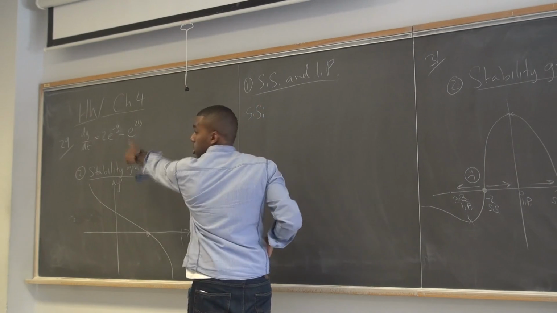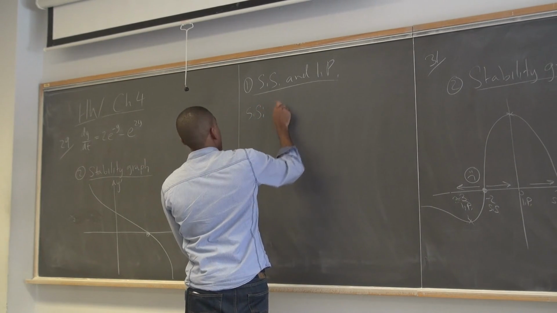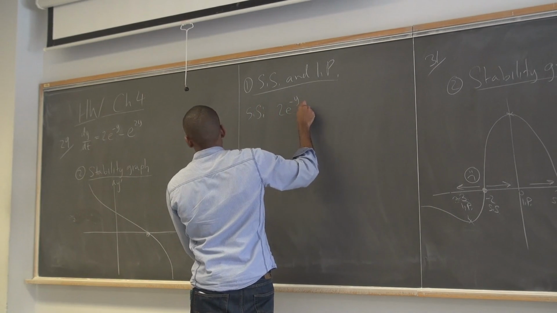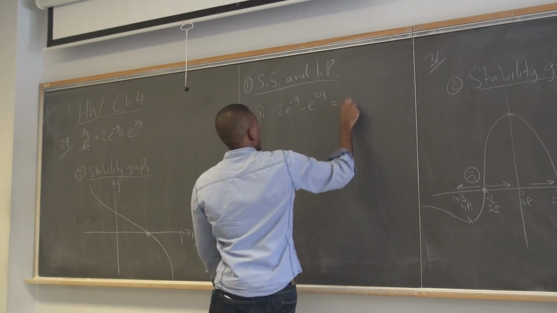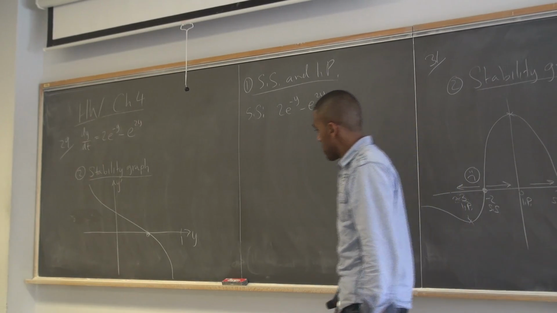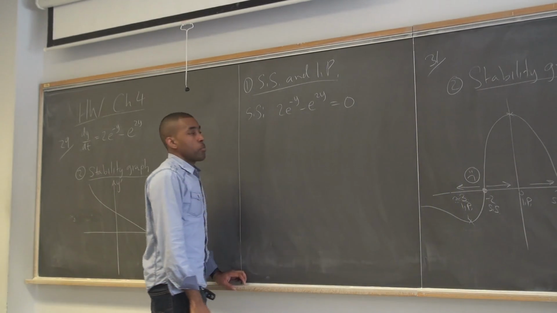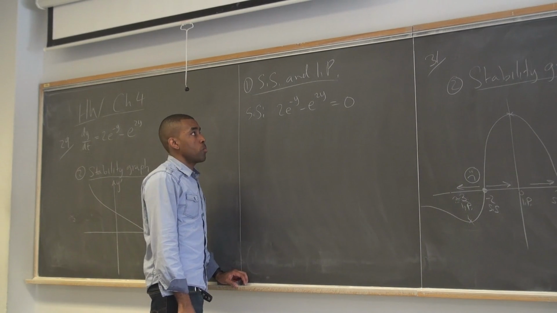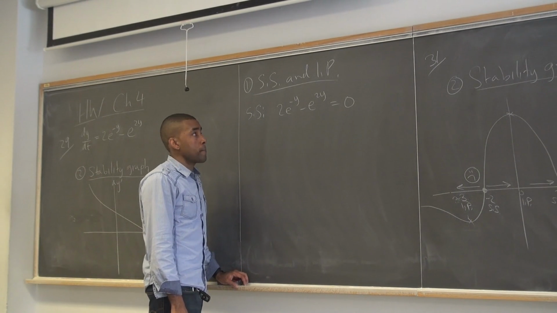Steady state means that I'm going to set this equal to 0. Can we solve that? Can take the 2 up to the y. Do ln 2 plus ln.